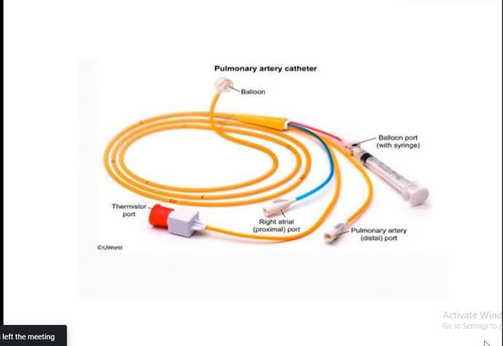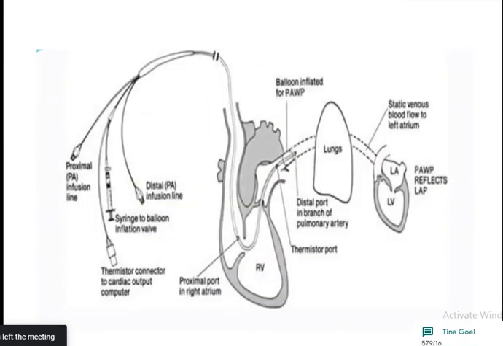So this is a Swan-Ganz catheter, and here you can see that this catheter is going from the central veins, then coming to the right atrium. Here you have the proximal port opening into the right atrium, then you pass through to the right ventricle.